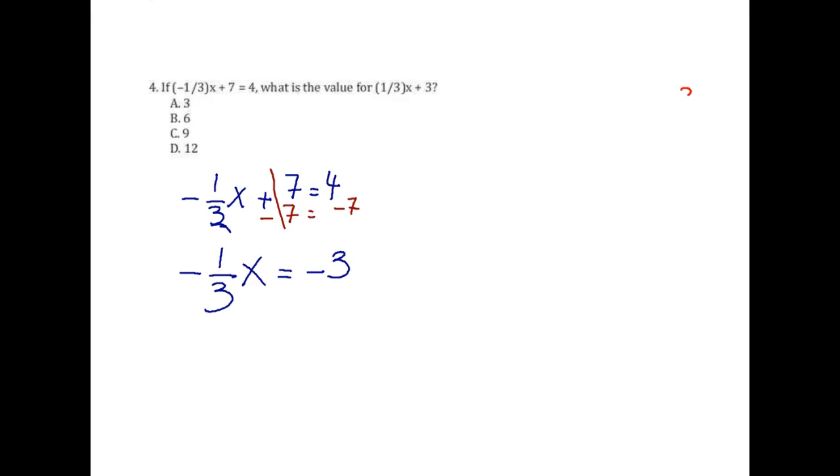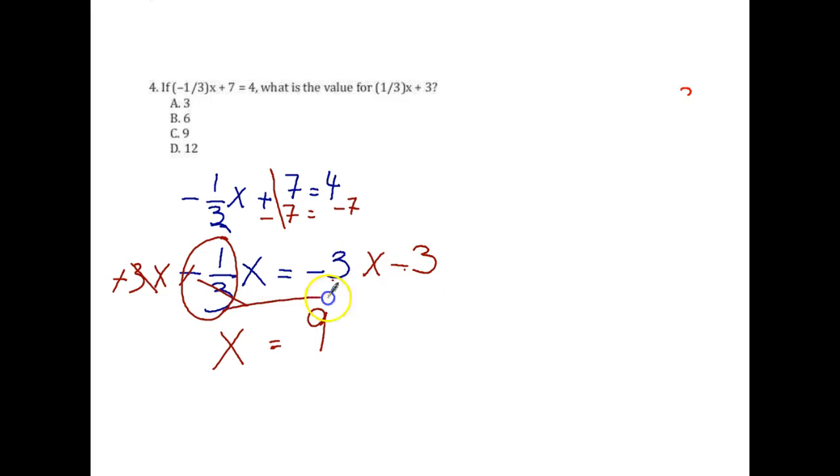Okay, so we use inverse operation to get rid of that fraction. So I'm going to use the reciprocal of -1/3. So I'm going to multiply the whole equation by -3. What you do to the left, you have to do to the right. So -3 times -1/3 is just x, because the 3 takes care of the third, and the minus takes care of the minus, equals -3 times -3 is a 9, because negative makes a plus.